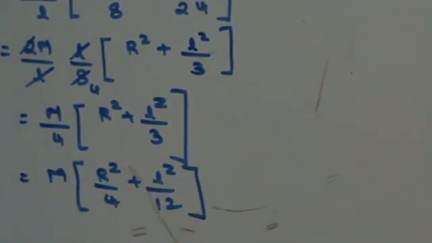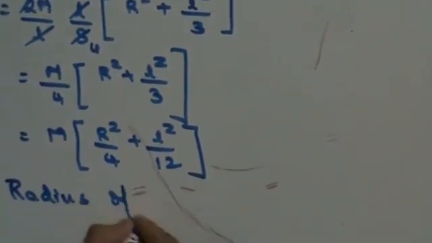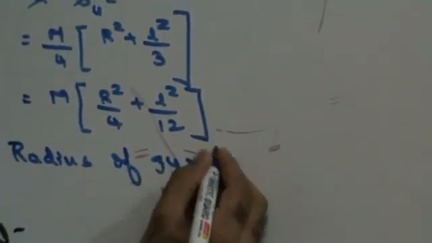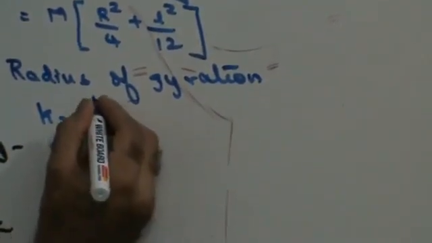That is going to be my moment of inertia of a cylinder about an axis passing through the center and perpendicular to the cylinder. Right? Now, once I know this, I can find out the radius of gyration. Radius of gyration K is given by the formula square root of I by m.